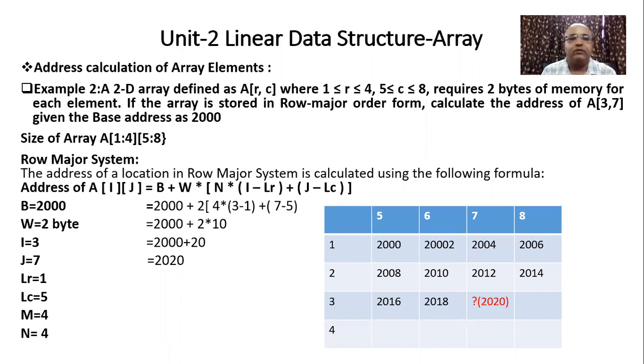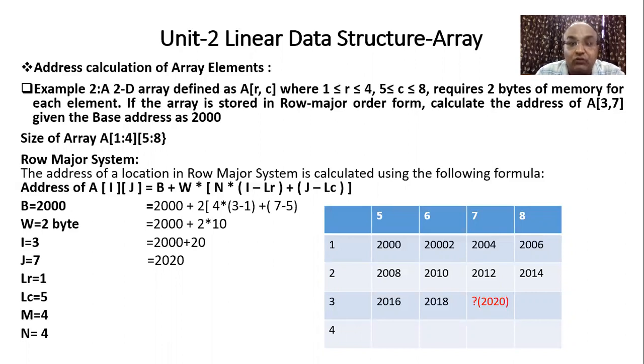See here, a two-dimensional array defined as A[R, C]. They are giving the size of the array in a different manner. Please look carefully. The size is given in the form A of R, C, where 1 <= R <= 4, comma, 5 <= C <= 8.